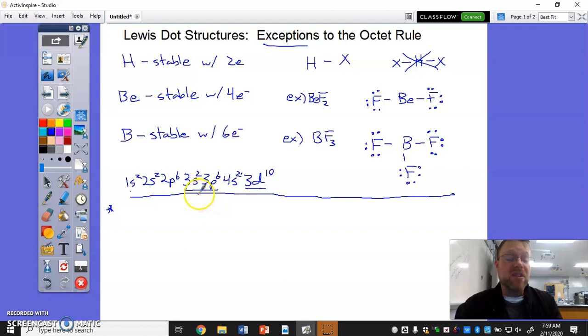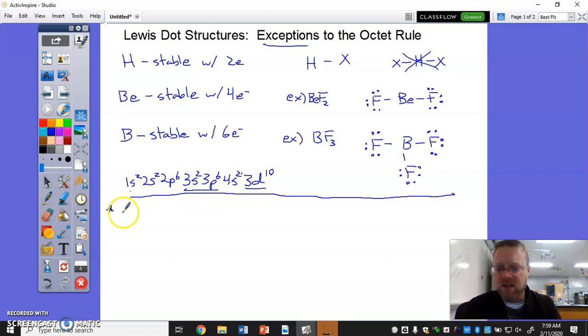And so elements that have at least 3 energy levels can technically go past 8 electrons when you're building them in Lewis dot structures. Now this usually only happens if they are the middle atom in the structure, and you have a scenario where you're connecting more than just 4 atoms to the middle atom.